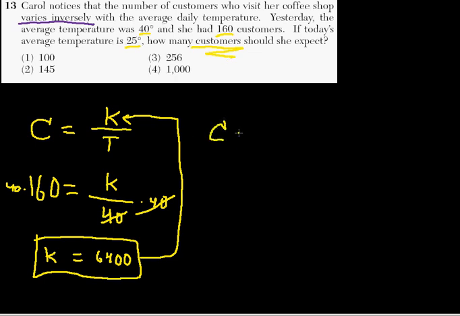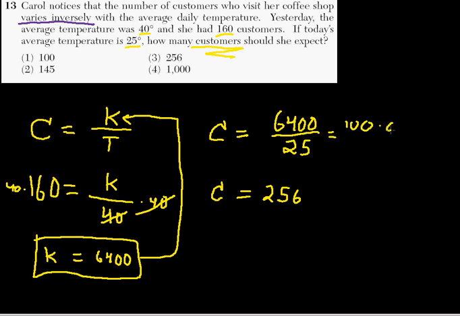So customers equals 6,400 divided by the temperature, which is 25. Okay, so customers equals, you can carry that math out, and you will have 256. A way to figure this out without the calculator, if you're interested, is that this is equal to 100 times 64 over 25.